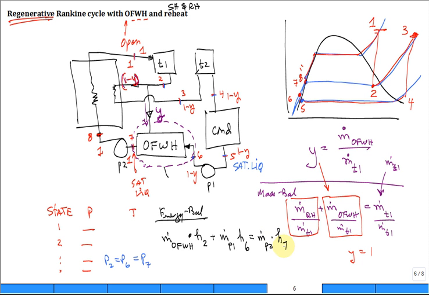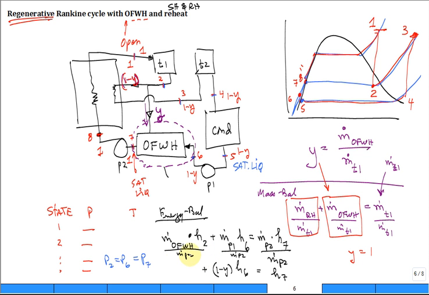True? So if you divide the whole thing by the mass flow rate of the second pump, you'll get H7 is equal to pump 1 divided by pump 2, isn't that 1 minus Y, times H6?